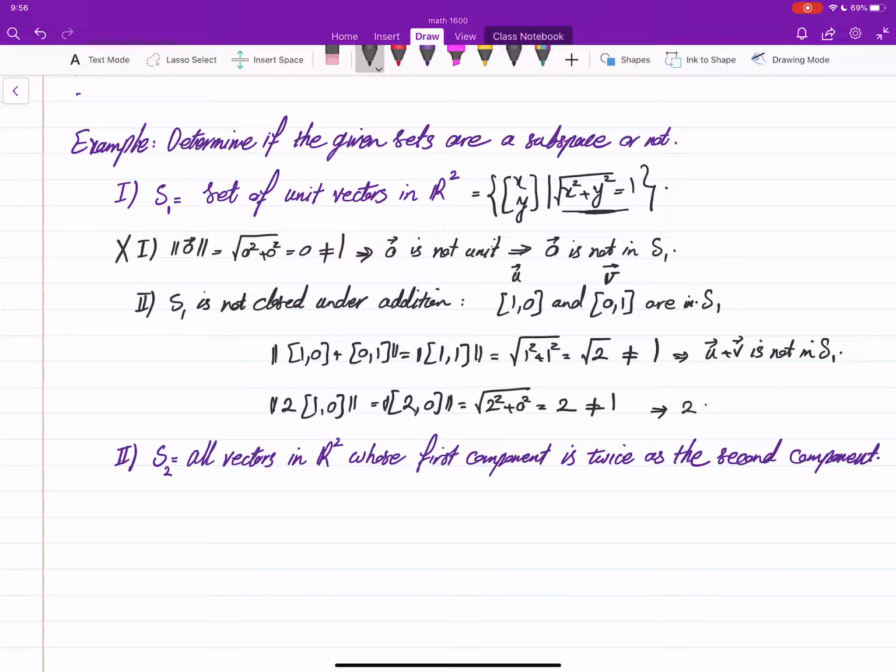That means that 2 times u is not in S1. So a scalar multiple of a unit vector, actually any scalar multiple other than negative 1 or 1, will be a vector which is not unit. So it is badly not satisfying all three conditions actually.